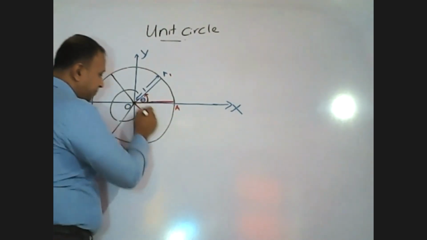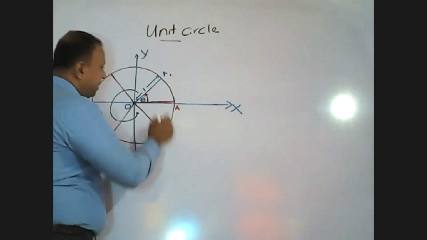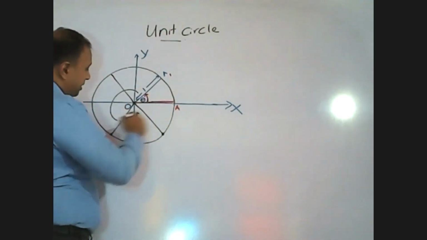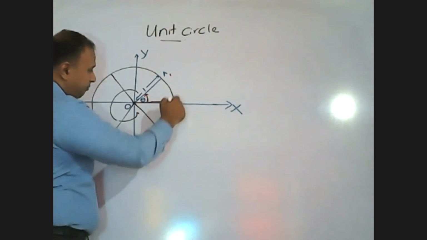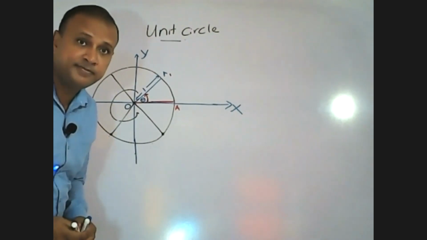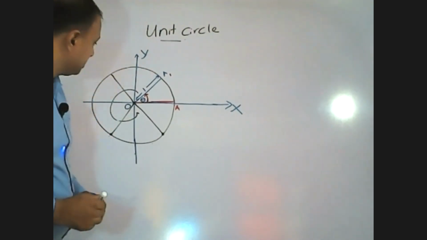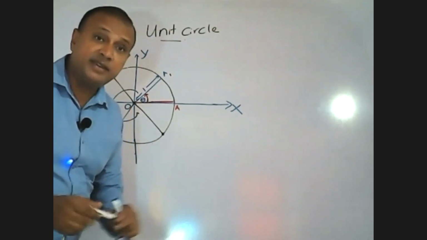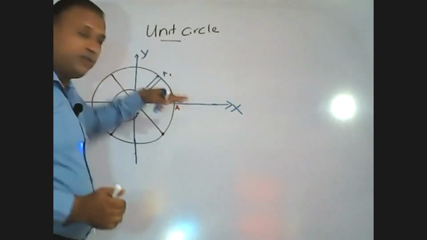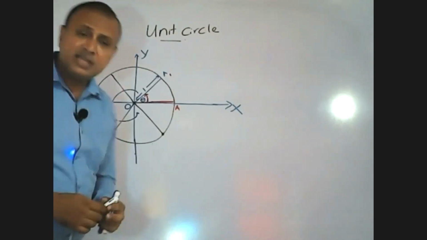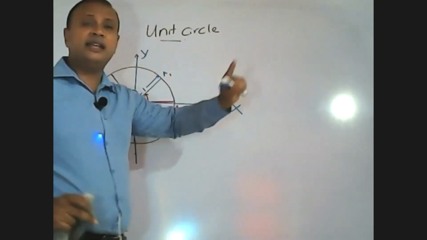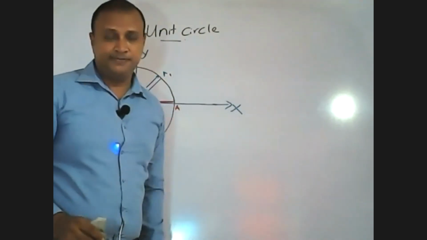If I stop here, I will have an angle higher than 270 but lesser than 360. Did you understand that? Yes, sir. So I can create any angle by rotating this line segment. That means infinite number of angles.